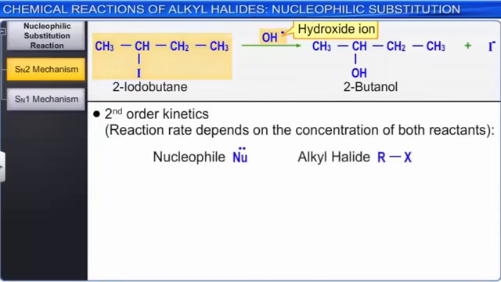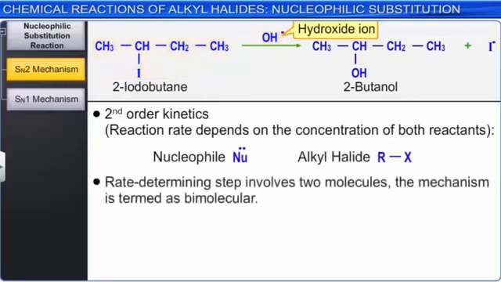As the slow step or rate-determining step involves two molecules, the mechanism is termed as bimolecular. This reaction occurs in a single step and does not involve any intermediate.